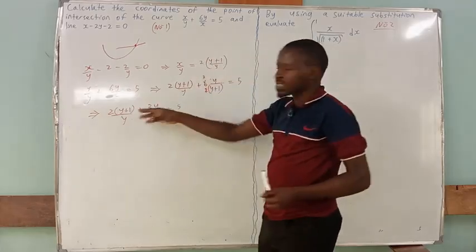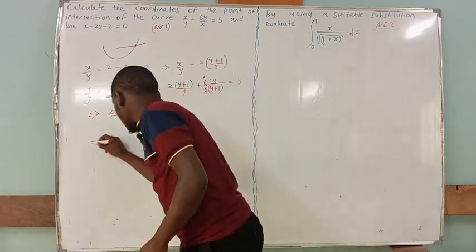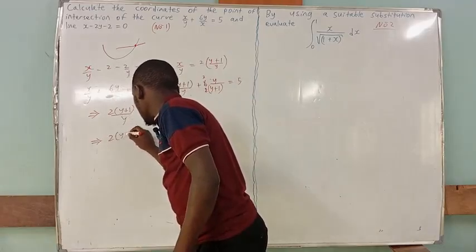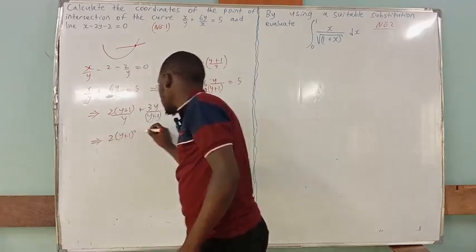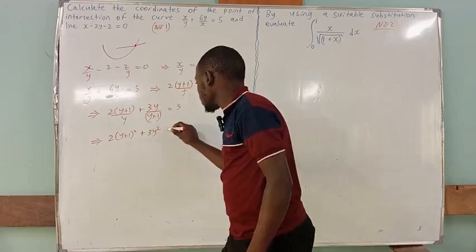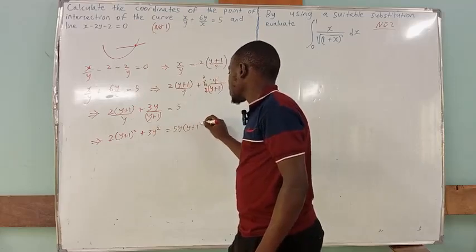Then from here we get the LCM. After getting the LCM, we get something like 2 into y plus 1 squared, then plus 3y squared is equal to 5y into y plus 1.